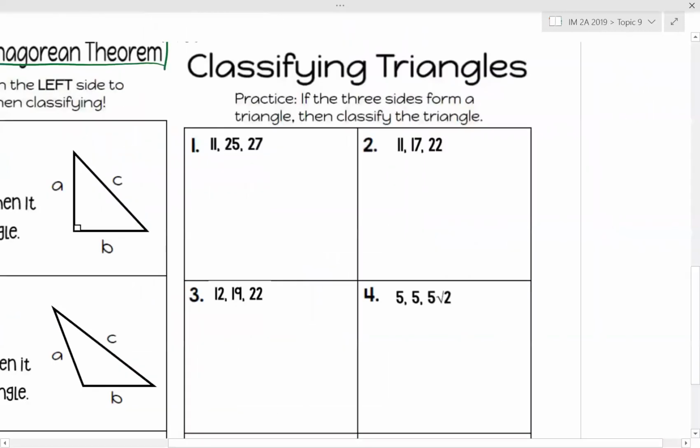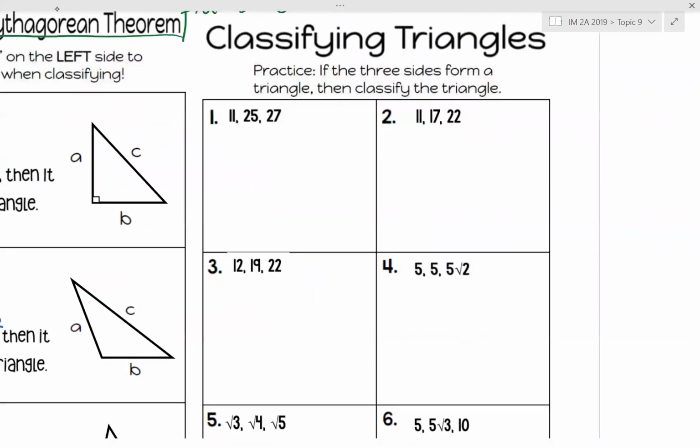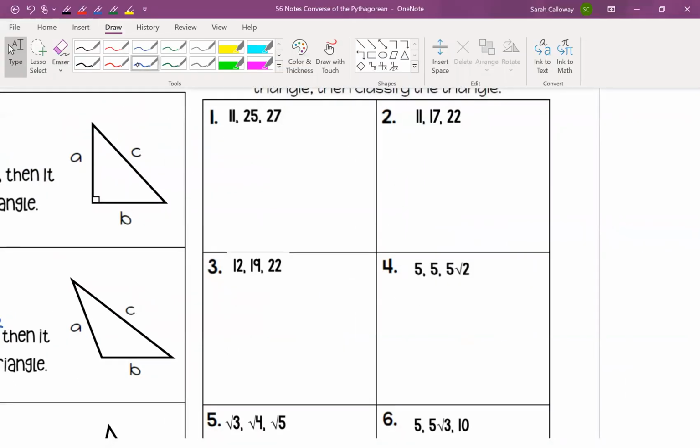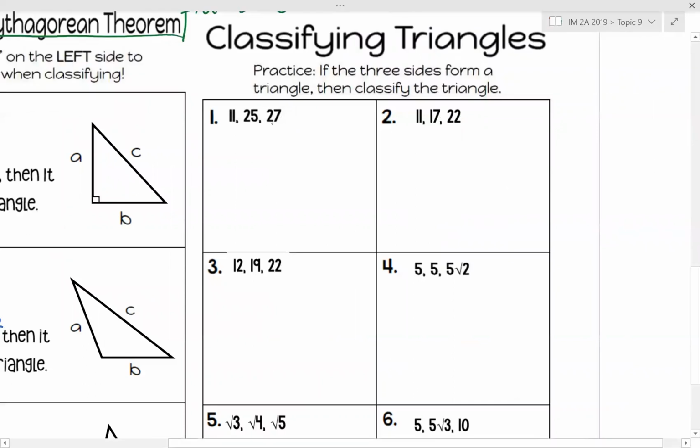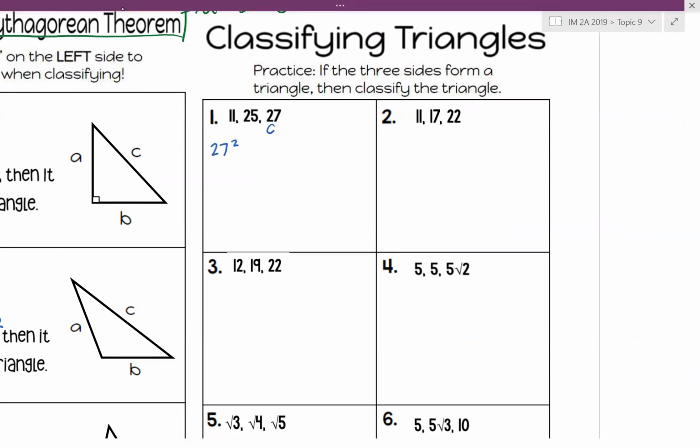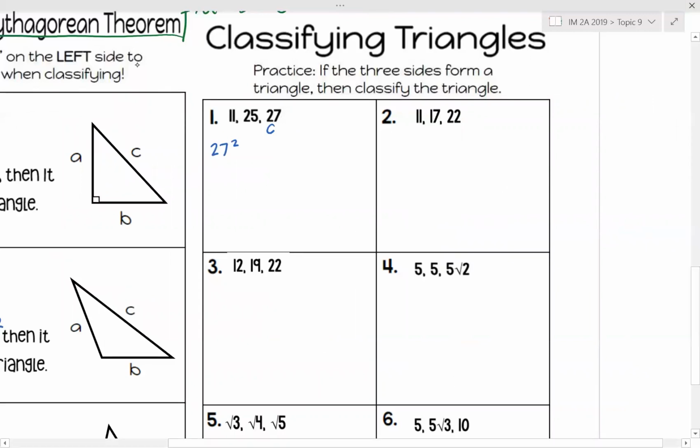We want to look at the numbers and identify which one we're going to call C. In this case, C is 27. So we're going to do 27 squared, and we're comparing that to 11 squared plus 25 squared.